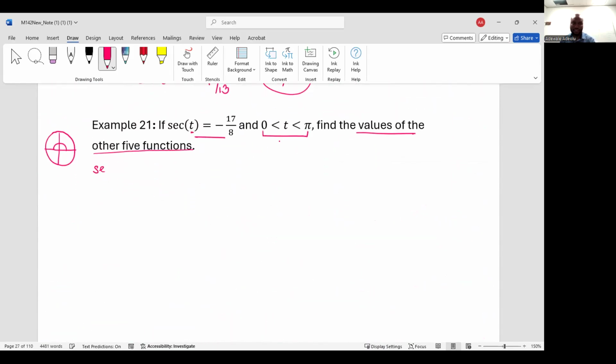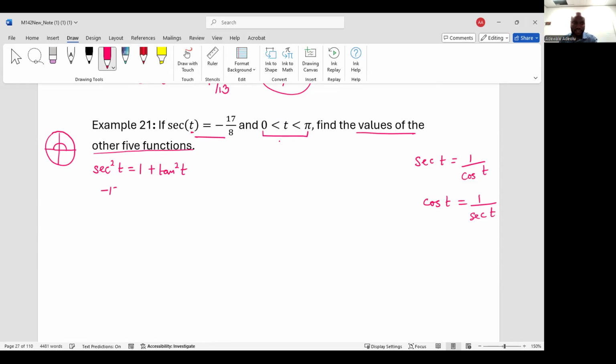Maybe in your mind you're thinking, wait, teacher, can I use secant of angle t is 1 over cosine of angle t and just flip it? Cosine of angle t equals 1 over secant of angle t. Yes, you can do that to find cosine of t. Allowed.